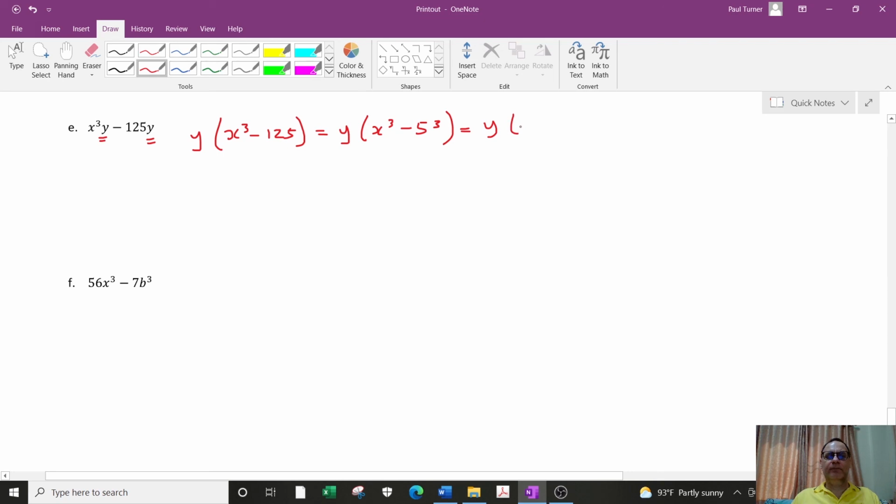So y, x minus 5, then x squared plus 5x plus the last term squared. So 5 squared would be 25. And those are your three factors. You have y, x minus 5, and this last factor here.